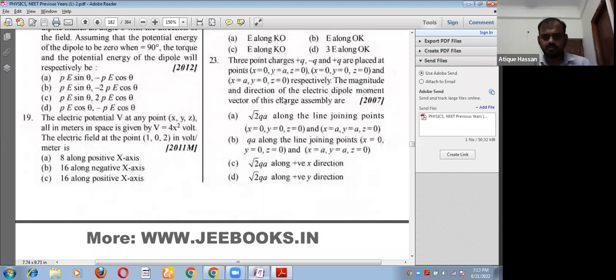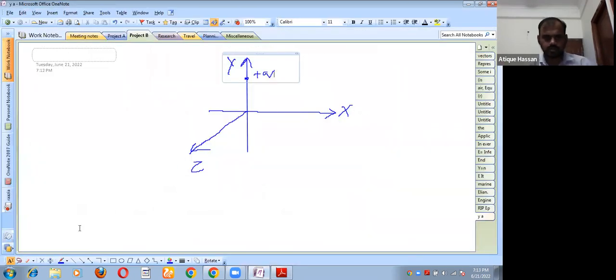Then the minus Q charge is at the origin. Minus Q charge is placed here at the origin.